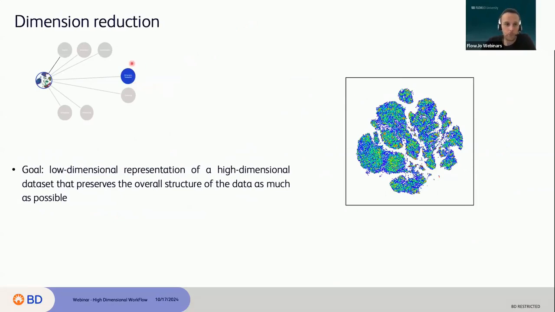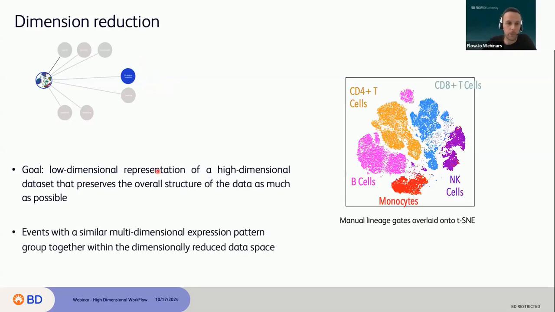So let's start with dimensional reduction. The goal of those algorithms is to be able to represent your high parameter or high dimensional data set in a two-dimensional plot. But also we want to preserve the overall structure of the data as much as possible. So we want to really be able to separate the different cell populations.